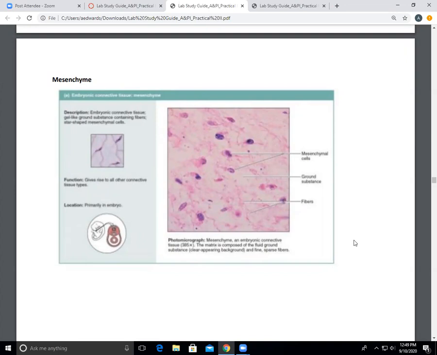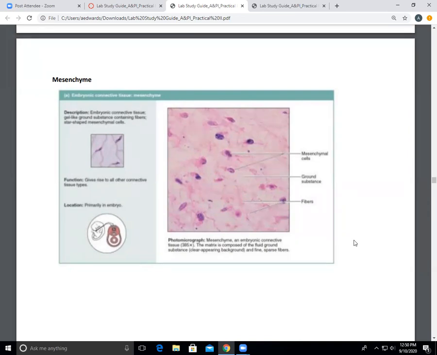You'll see mesenchymal cells, you'll see ground substance, you'll see some fibers. To be honest with you, if you see this on a practical, you'd probably tell it by making sure it's not anything else, okay? The others sort of have these hallmark things that you know, okay, I see that, I know it's this. And so mesenchyme tends to be one where you don't see that because it's developmental, right? You want it to be able to differentiate into different kinds of tissues.